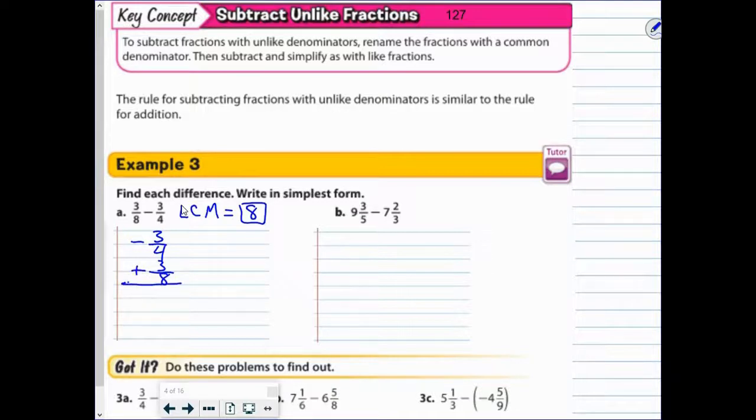So I'm going to write my fractions this way so that the larger looking one is on top. Since 8 is my least common multiple, I'm going to multiply the negative 3/4 by 2 over 2. This is going to give me negative 6 over 8. Since 3/8 already is over our common denominator, I can just drag it over.